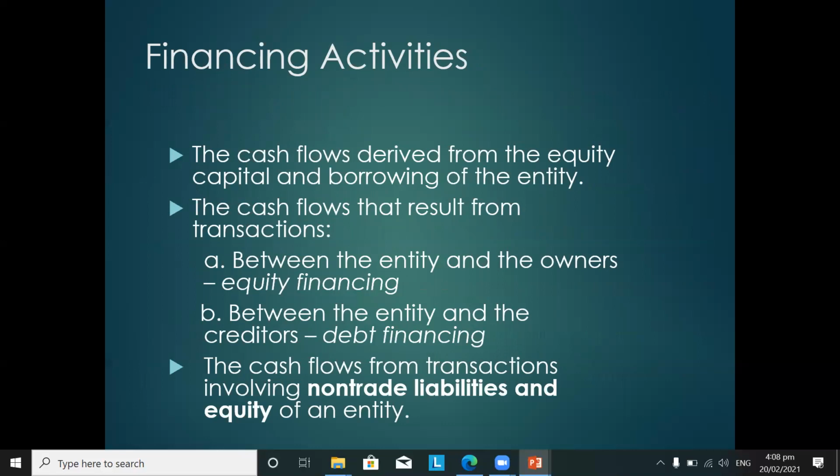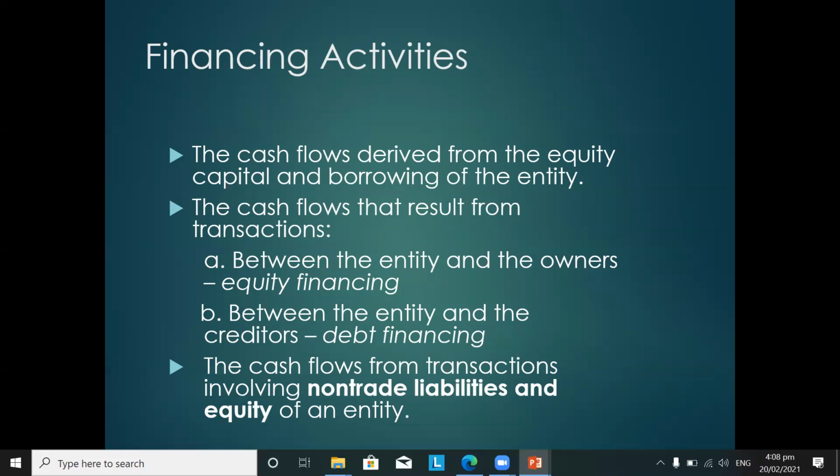Financing activities are the cash flows derived from the equity capital and borrowings of the entity. So ang tinutukoy dito, saan nanggagaling ang pondo na ginagamit ng company para i-finance yung kanyang business.